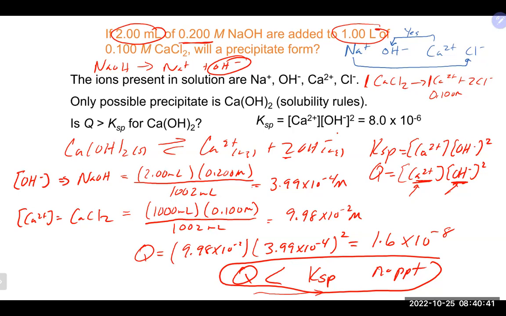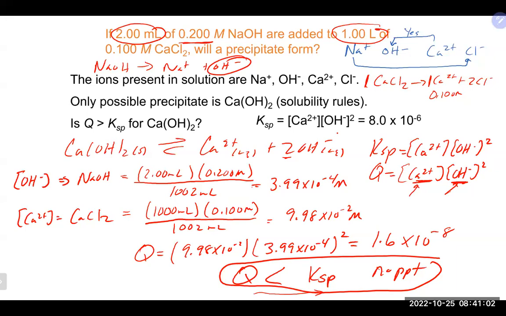Again, if they get too small or too dilute, you may actually not see the solid form. And that goes with anything, even something like silver chloride. If you really have a bad concentration of each of those in the solution, you may not actually see the solid form. Any questions on that there?